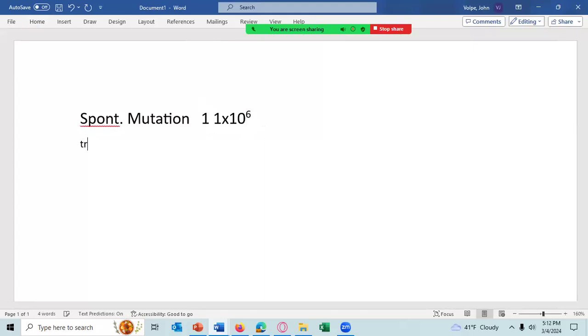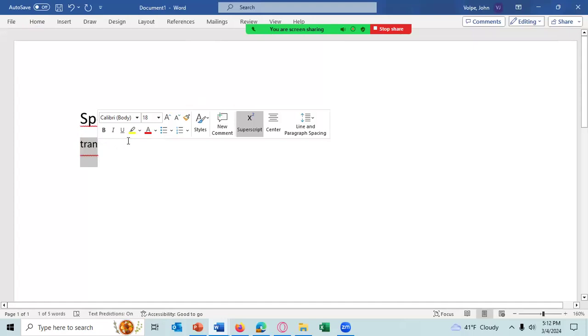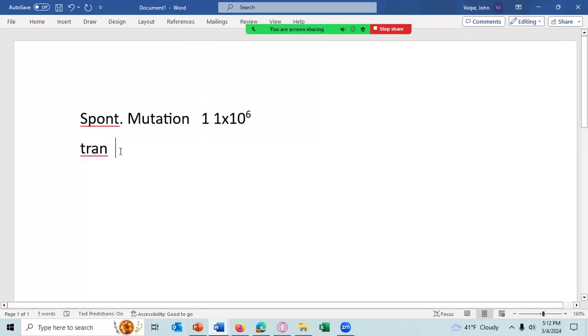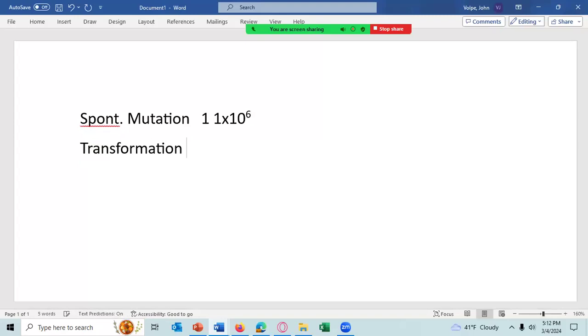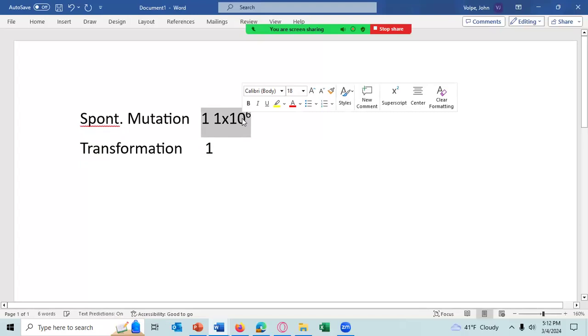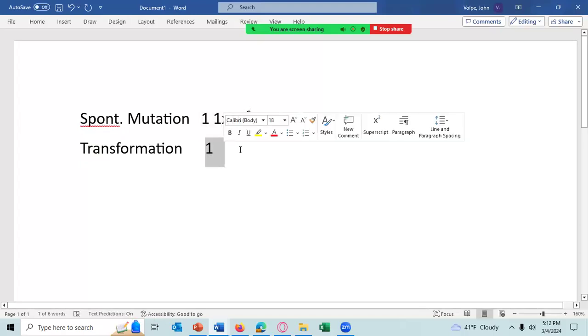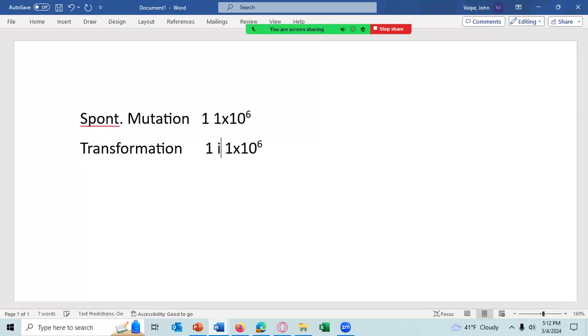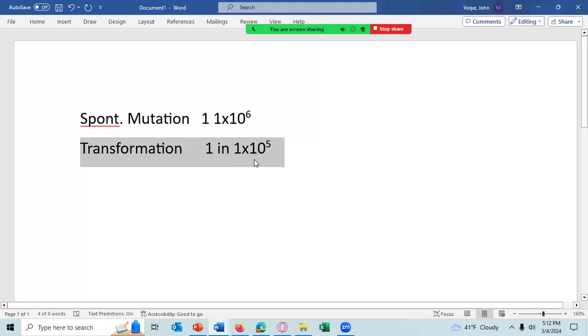Now, transformation can spread around genes about 1 in 10 to the fifth cells, or 10 times more frequently than spontaneous mutation.